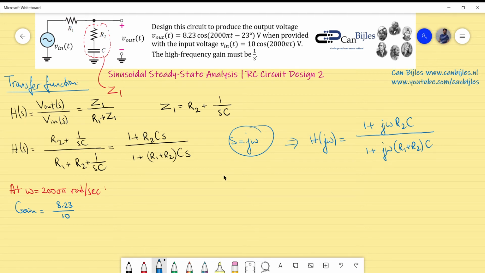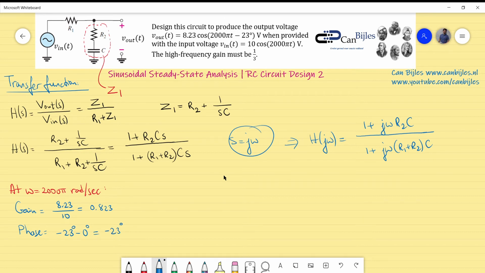That's actually what it is. So that will mean the gain at this frequency only is 0.823. The phase at this frequency, only at this frequency, will be minus 23 for the output, minus 0 for the input, so minus 23 degrees.